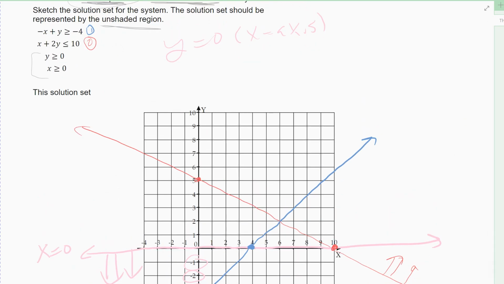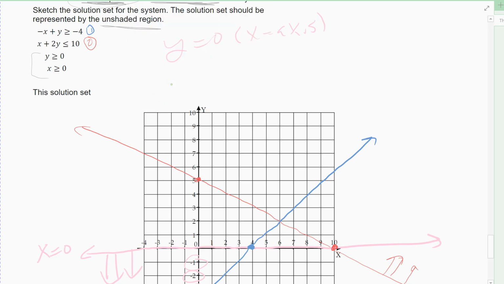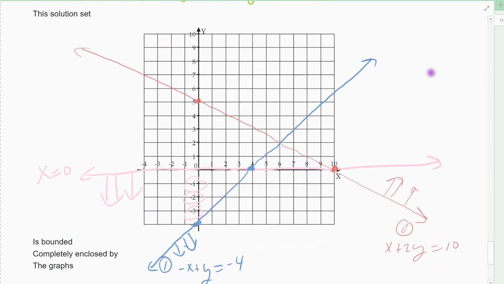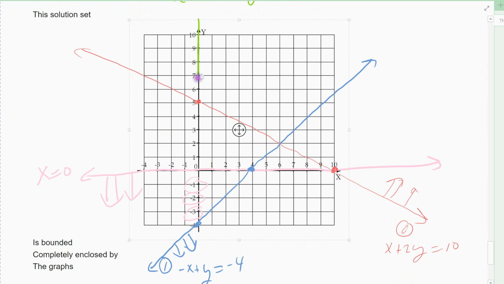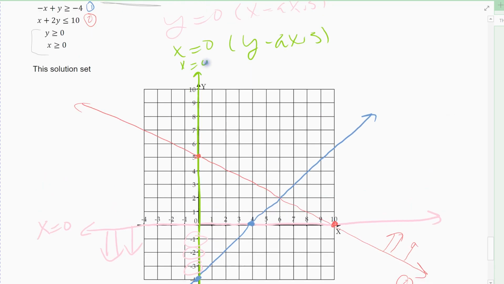Alright, now I'm going to pick a different color, let's do green. Green for the x equals 0, which again is the y-axis. So this right here is the equation x equals 0. And this is the opposite of the one I did in the previous video.